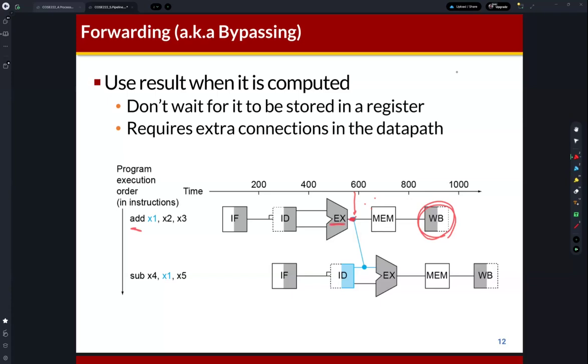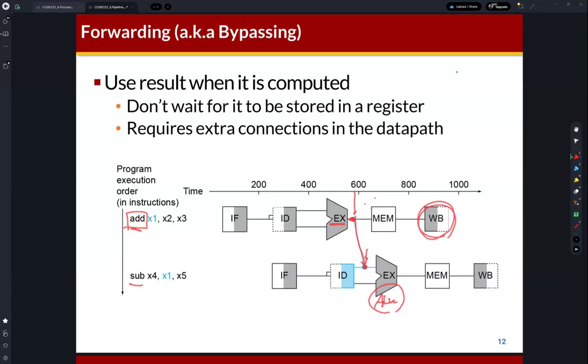And the result of this add instruction is used by the ALU for the sub instruction. So actually we require this data at this point, right?